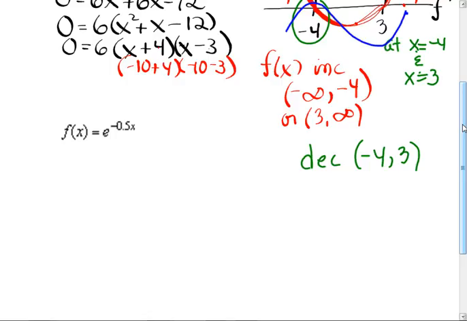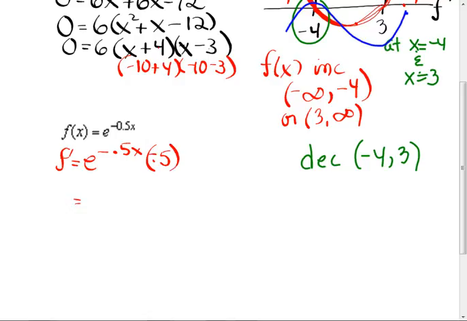Taylor, what do you have to do with that? Take the derivative. So let's do it. Have we forgotten our derivatives already? That's right. Is it positive or negative? Negative. Okay.